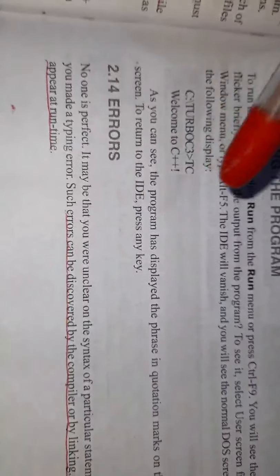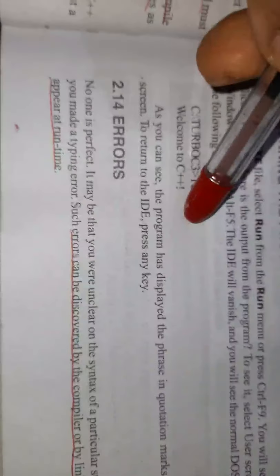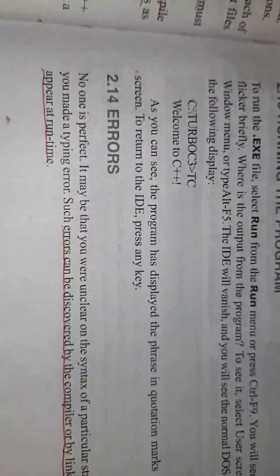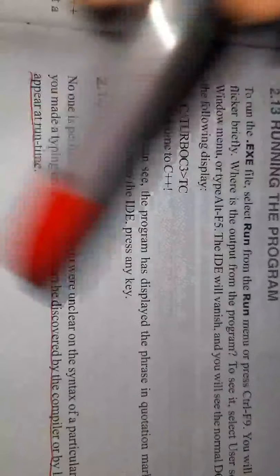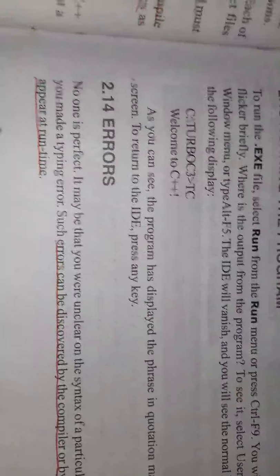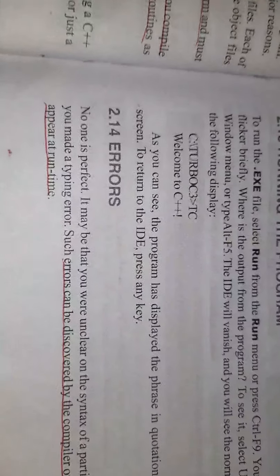Keep in mind that these types of errors are found in the program while you are typing the C++ program. These errors are not generated by the computer actually, but are made by the programmers. Maybe some typing mistakes or the logic is not correct.